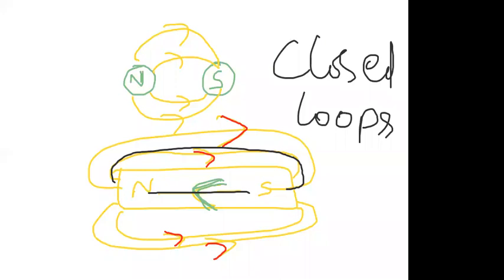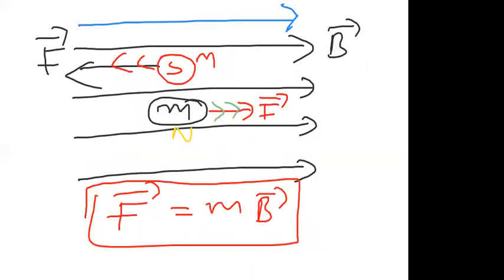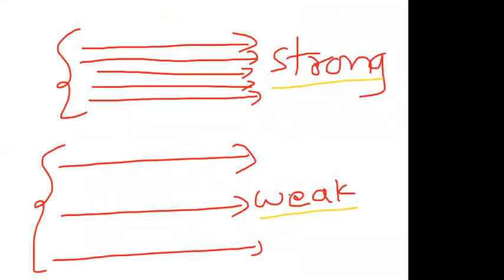And we discussed the force experienced by a pole when placed in a field: the south pole is placed opposite to the field, the north pole in the same direction of the field, and it will experience force. Then strong field, where lines are crowded; weak field, where they are wider; and a uniform field, straight and parallel.